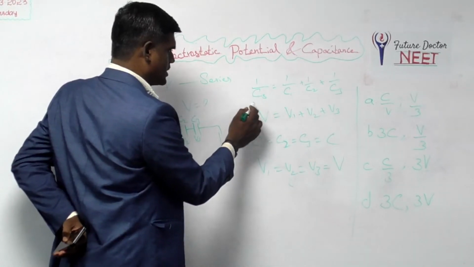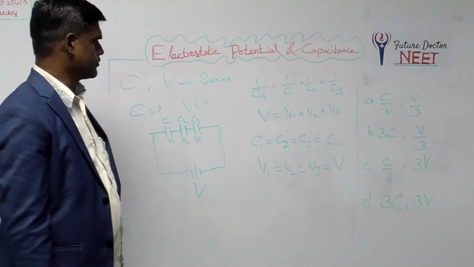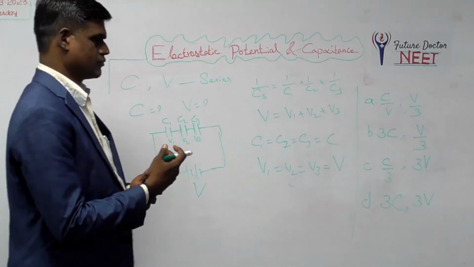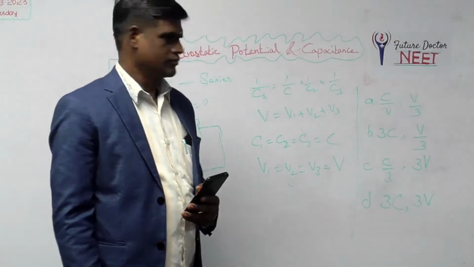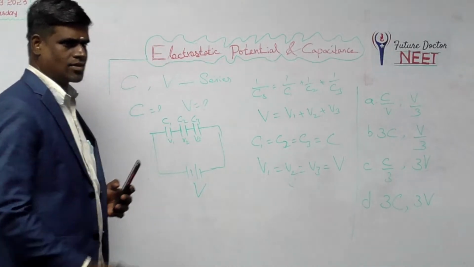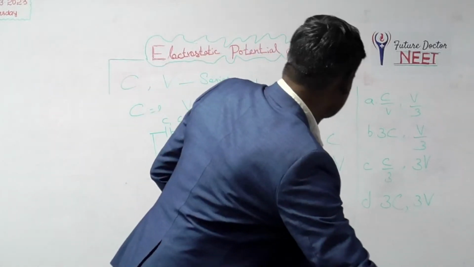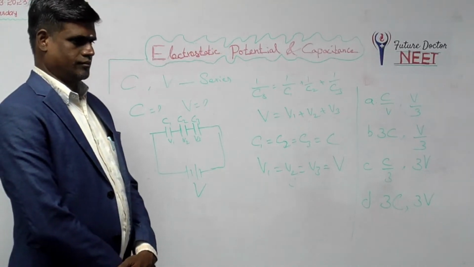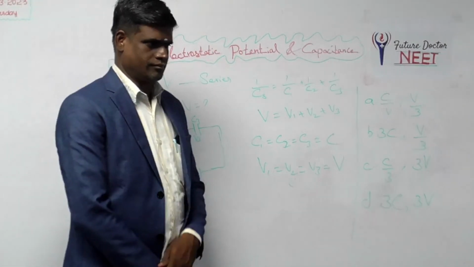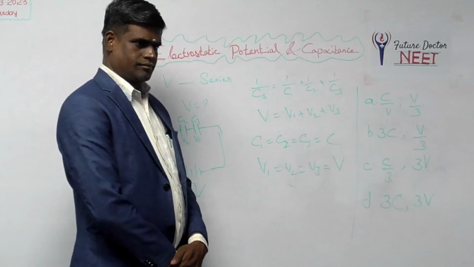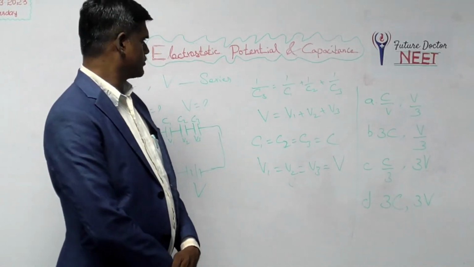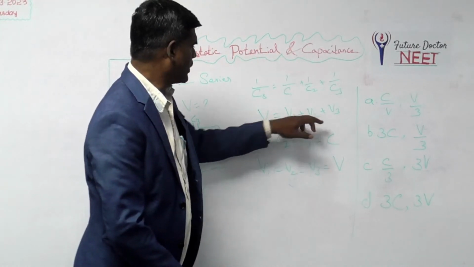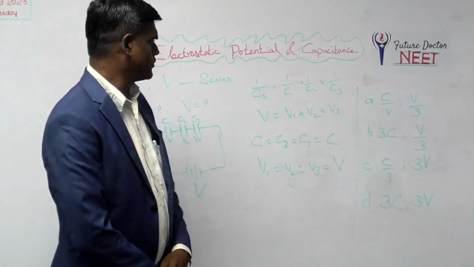You should find CS and V. Instead of C1, C2, C3, keep C, C, C. Same way instead of V1, V2, V3, V, V, V, and simplify. Try and tick which option.